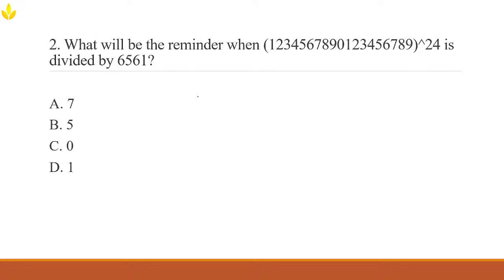What we have to do here is check the divisibility of the number. As the last digit is an odd number, we can surely tell that this number is not divisible by 2.